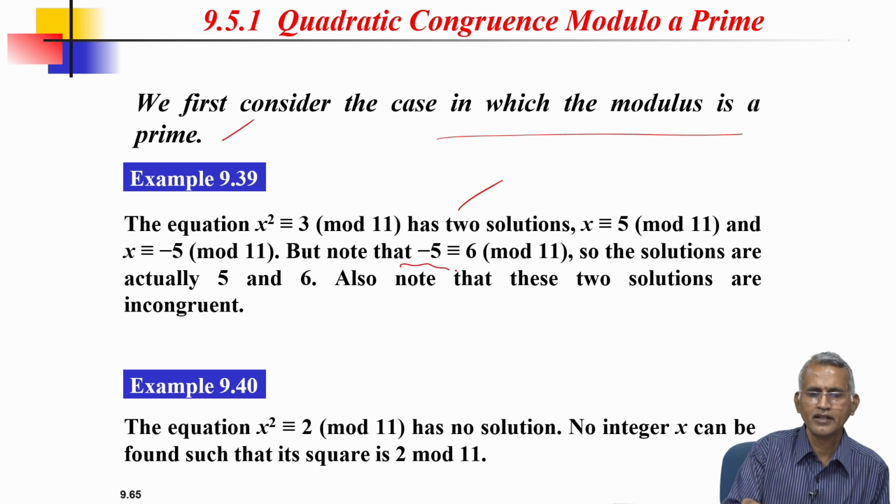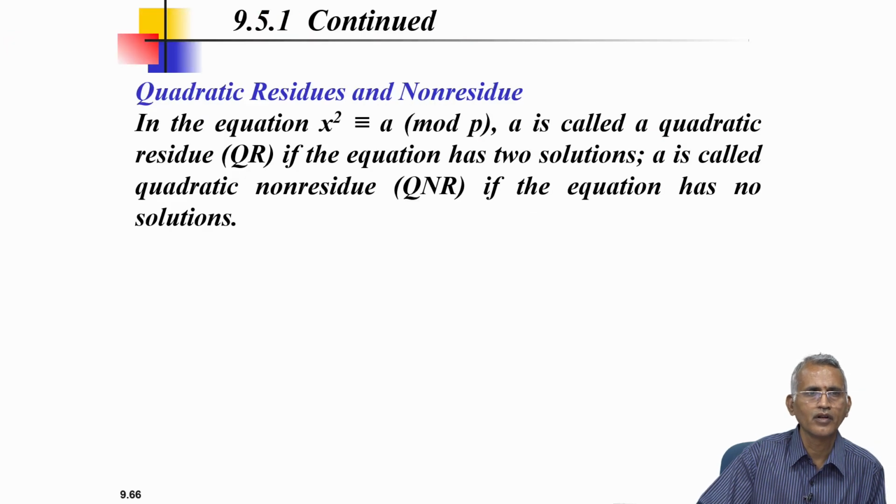Note that minus 5 is also identically equal to 6 under modulo 11, so the solutions are actually 5 and 6. Also note that these two solutions are incongruent. In the next example, the equation x square is identically equal to 2 under modulo 11 has no solution, so no integer x can be found such that its square is 2 under modulo 11.